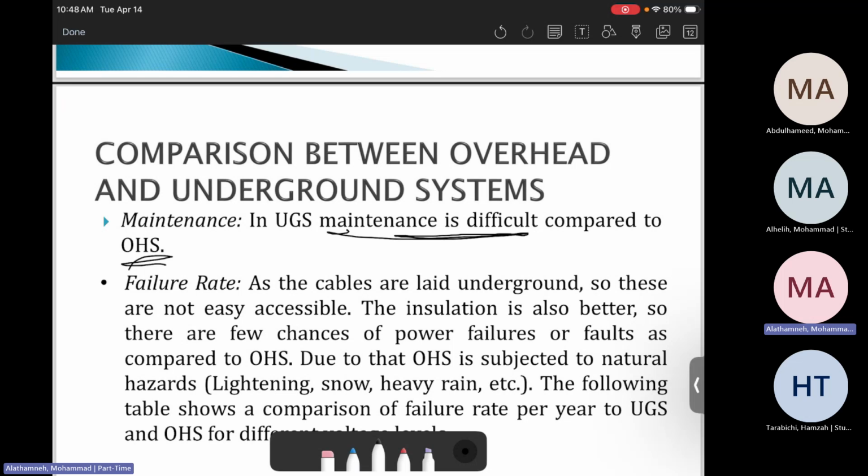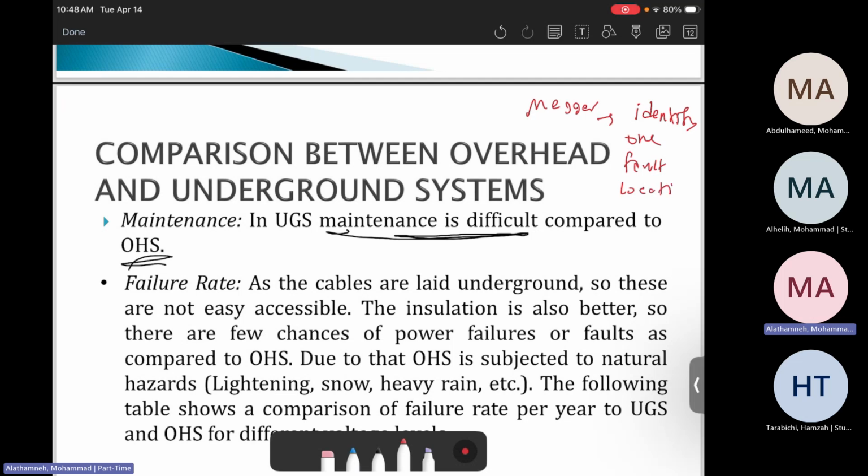While in underground systems, the fault can be under the ground. They cannot detect where it is. They need to search for it. They can use a device called Megger, we will talk about it later, to identify the fault location, which is not easy.